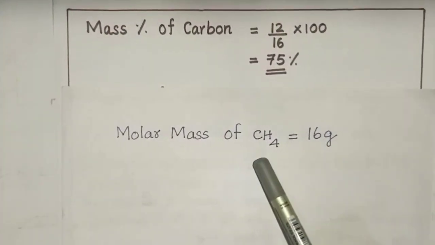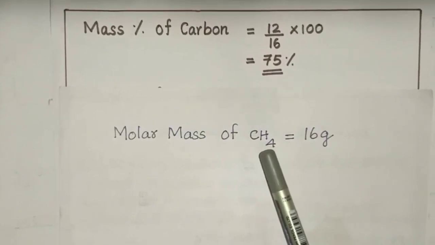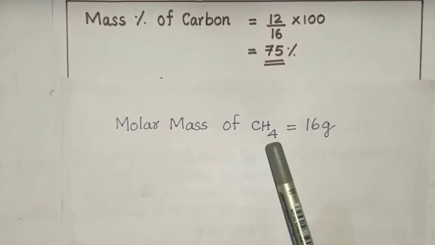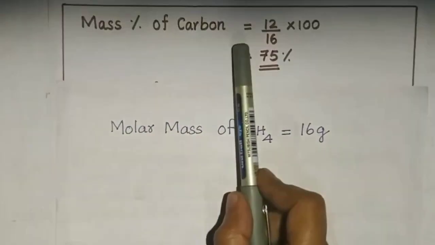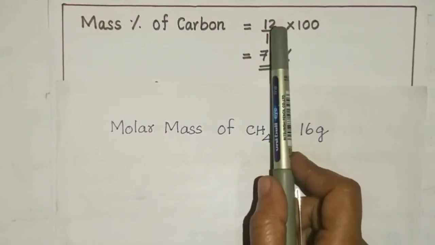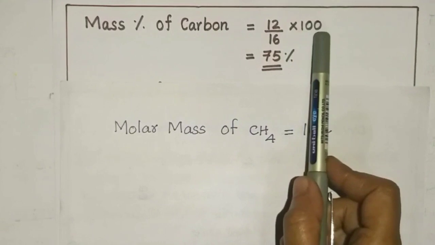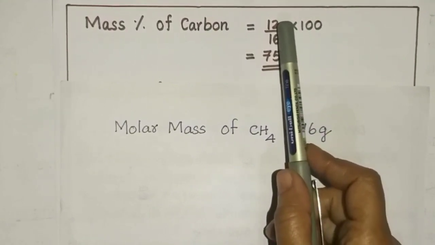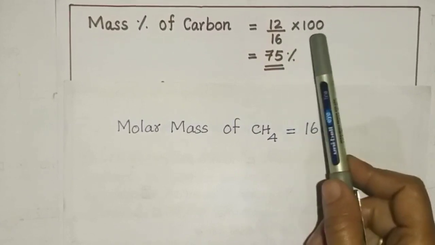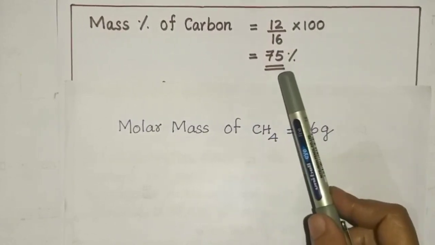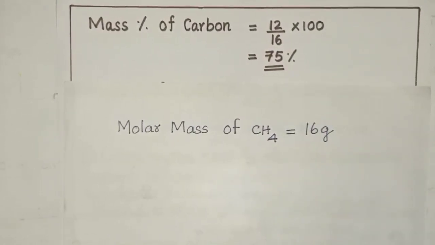Here, the elements present are carbon and hydrogen. So, first we should calculate the mass percentage of carbon, which is equal to mass of element by molar mass into 100. Here the mass of carbon atom is 12, divided by molar mass 16, into 100, which is equal to 75 percentage.